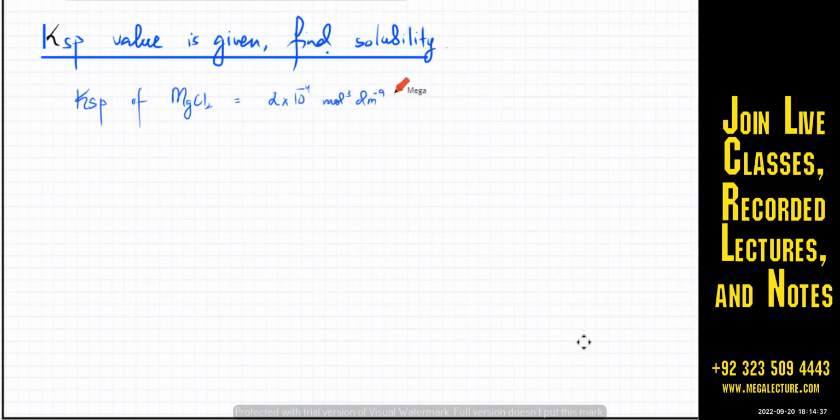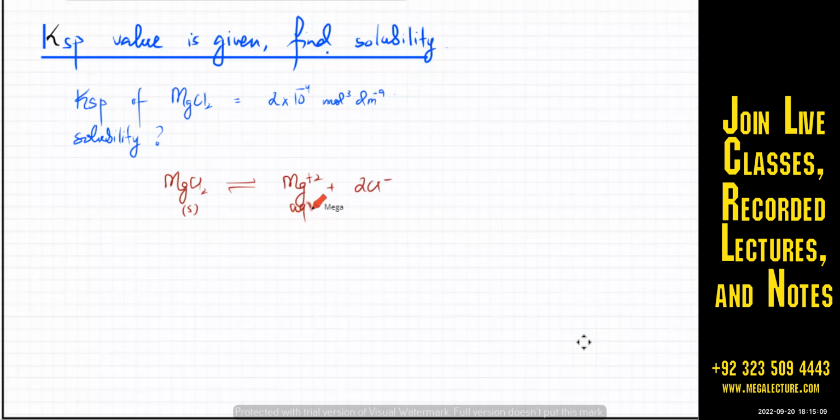Now they're asking us for the solubility of MgCl2. Like, what is the concentration of MgCl2 in solution? You can write the expression that the solid MgCl2 will dissolve, and it will be in equilibrium with magnesium ions and Cl ions, so you'll have your aqueous ions.